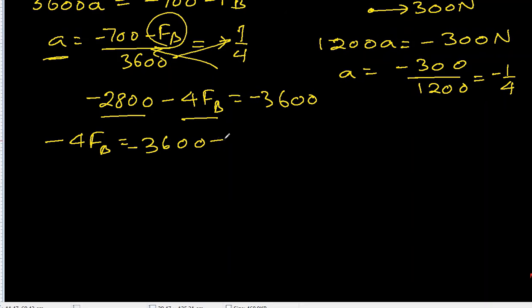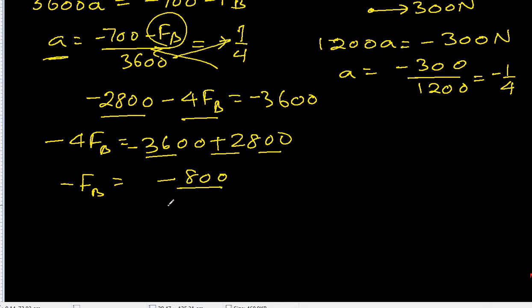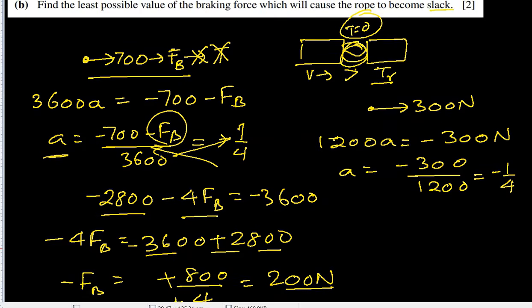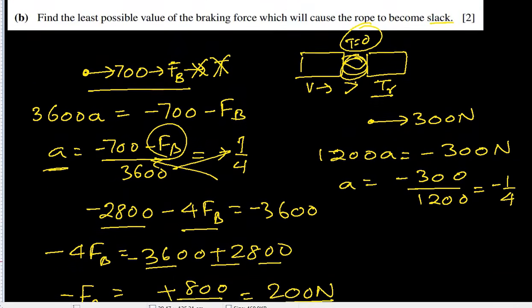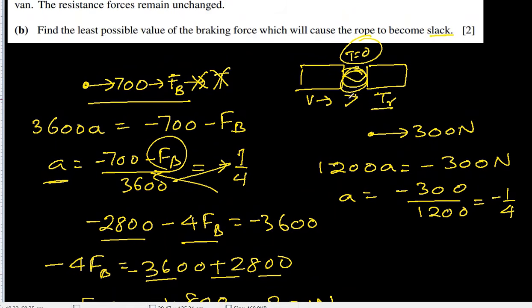Minus 3600 plus 2800, minus FB will be minus 800 divided by minus 4. Cancel. So 200 newtons is the minimum braking force we need so that the deceleration of the van becomes less than the deceleration of the trailer, and that's why the tension will become zero and the rope will slack.